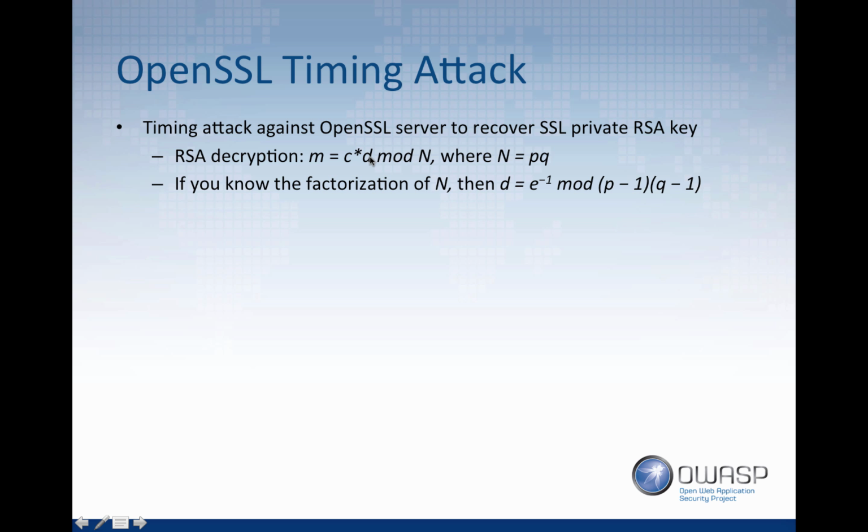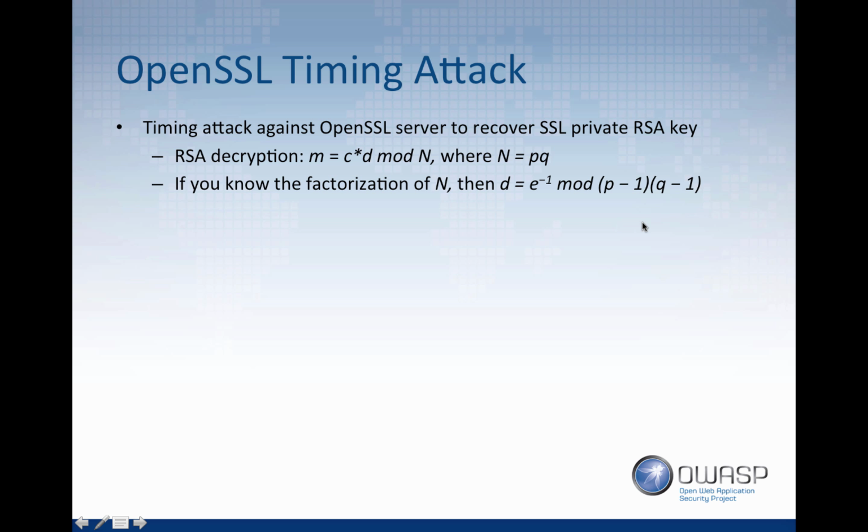And nobody should know your private key D, right? And then N is just the multiplication of two large primes, P and Q. So if you know the factorization of N, meaning you know P and Q separately, not just P times Q, because everyone knows P times Q. But if you know the factorization of N, then it's pretty easy to get back D. This is just some work with the Chinese remainder theorem, but we can get back D pretty easily, right?